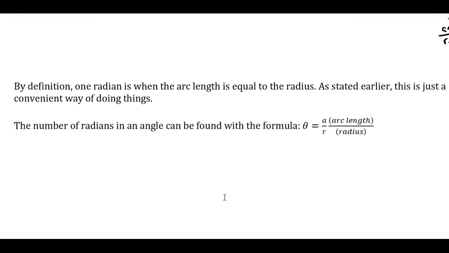Because if I make A smaller, I make the ratio smaller, I make the number of radians smaller, and I make the angle smaller. If I make A larger, A is the numerator, so that makes the whole ratio larger, and that makes the angle, the number of radians, larger.